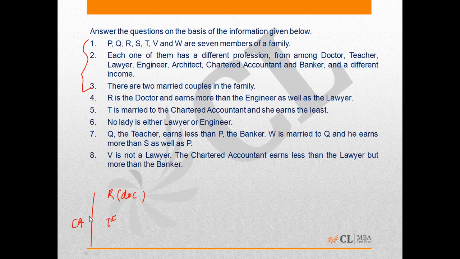In statement sixth, it is given that no lady is either a lawyer or an engineer, which means T is neither lawyer nor engineer, and C could not be doctor either because R is the doctor.